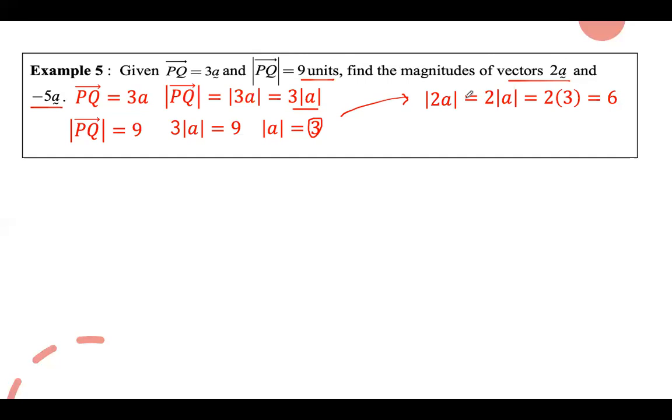Remember, the magnitude is always a positive value. So the modulus of negative 5A is 5 times the magnitude of A, that is 3, so 5 times 3 equals 15. That's how you find the magnitudes of 2A and negative 5A.